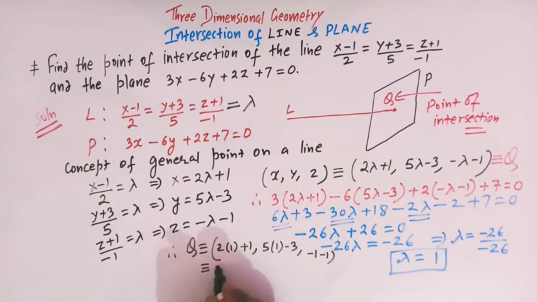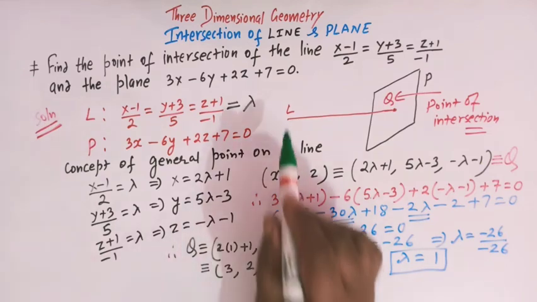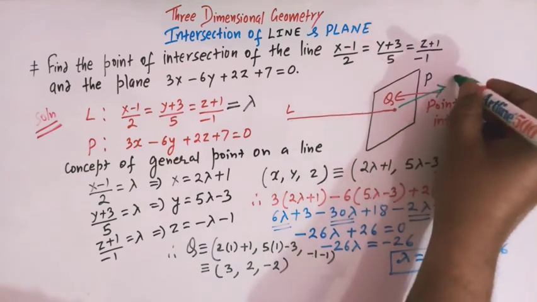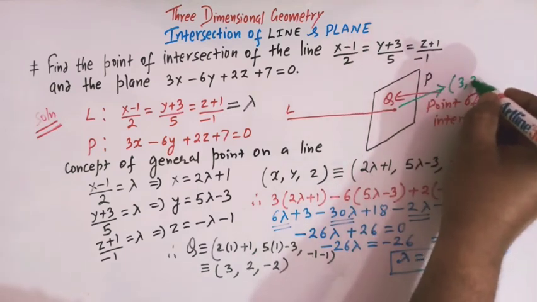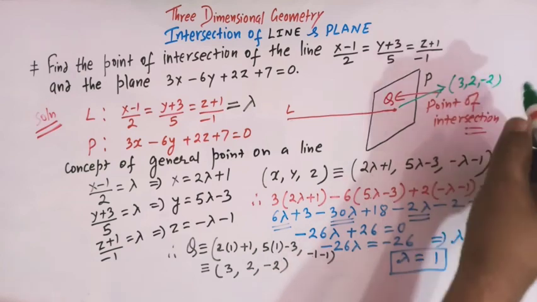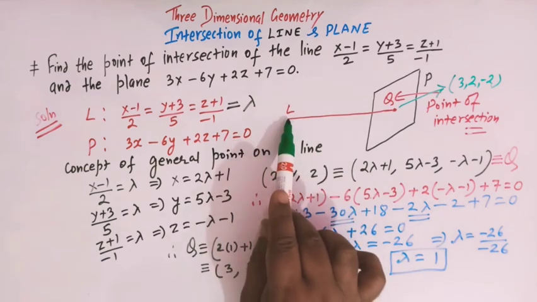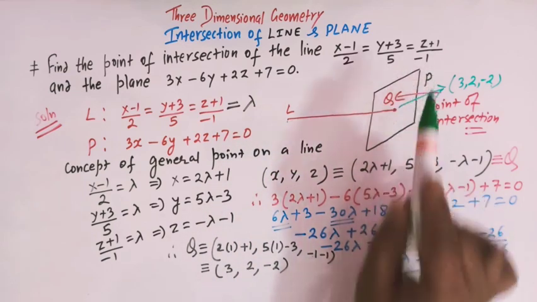So 2 ones are 2 plus 1 is 3, 5 minus 3 is 2, and minus 1 minus 1 is minus 2. So viewers, the point of intersection of this line L and this plane P is given by (3, 2, minus 2).